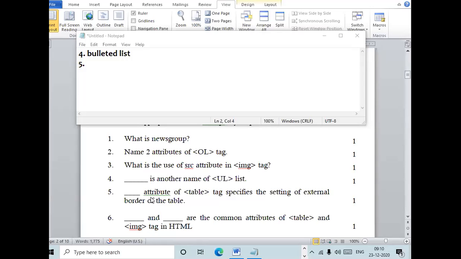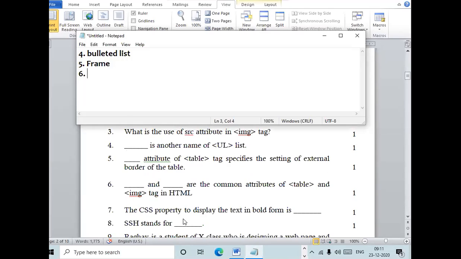Now next question. Dash attribute of table tag specifies the setting of external border of the table. Beta, the answer to this fill in the blank was frame. Sixth blank.